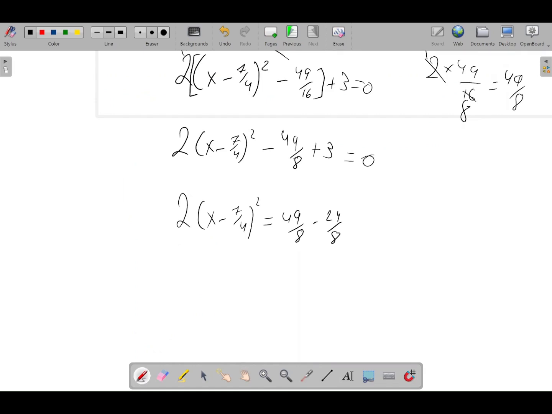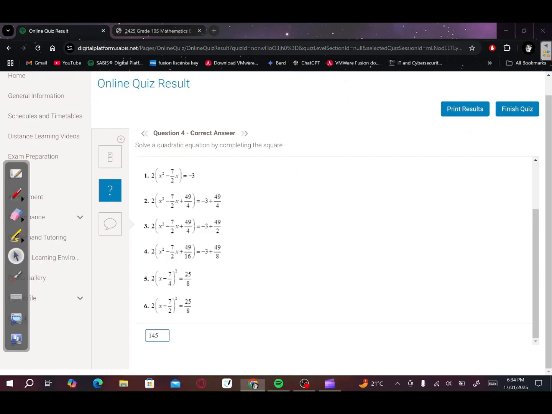Now, what we're going to do, we're going to simplify this. 49 over 8 minus 24 over 8. This is going to be 25 over 8. So 2 times x minus 7 over 4 squared equals 25 over 8. This is our final answer. So we're going to take 25 over 8 and keep in mind they're both 25 over 8 here.